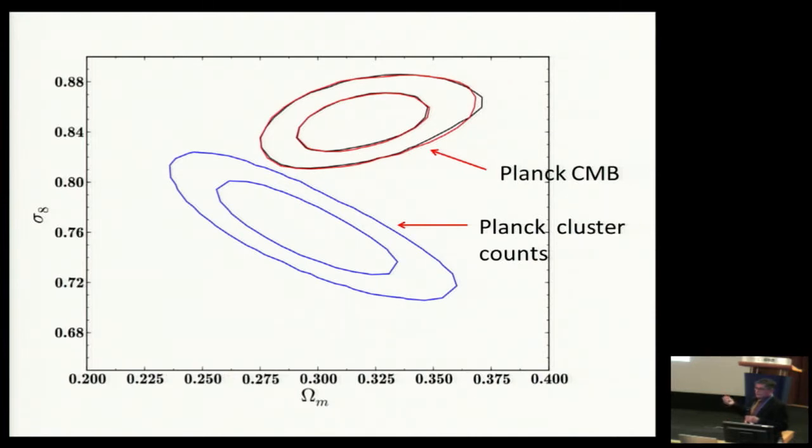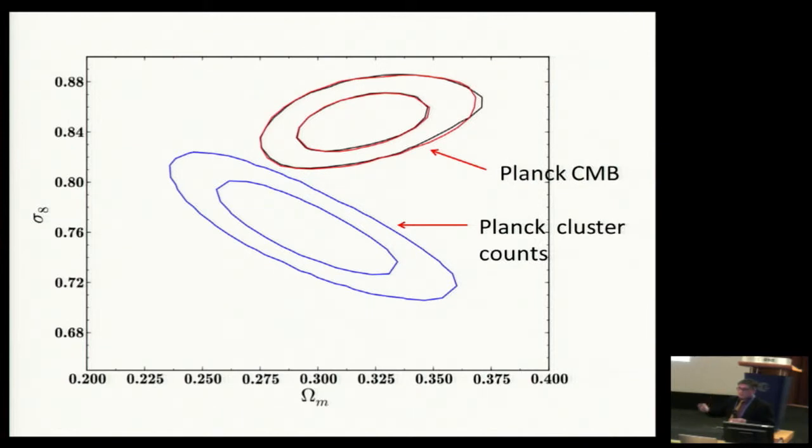So again, either there's new fundamental physics. It's not pretty and doesn't work very well, but you can try to resolve this discrepancy by adding a 0.3 eV massive neutrino, for example. It doesn't really work. So either it's exotic physics, or there's physics involved in clusters that we don't fully understand.